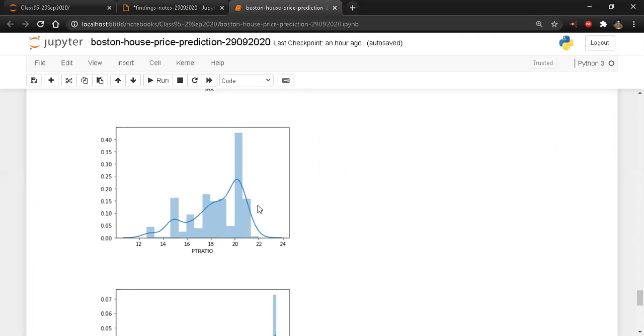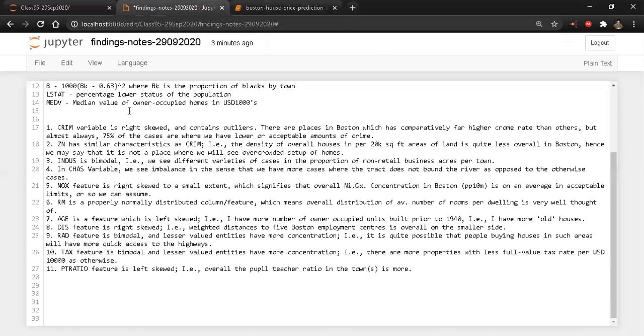It means I'll have schools where I'll have more teachers to students ratio, which means that if I put my kid there, I'm just trying to visualize, then there is a very high probability she'll actually get a lot of attention in school, rather than, let's say, a class with 50 students and only one teacher, and how much will that teacher do, right? At the end of the day, the teacher is also a human being. So if the pupil to teacher ratio is really high, it's really good, right? Then that's good, if I've understood this correctly.